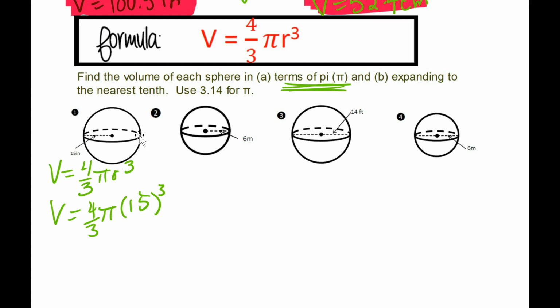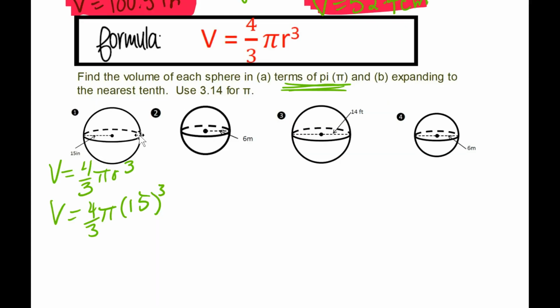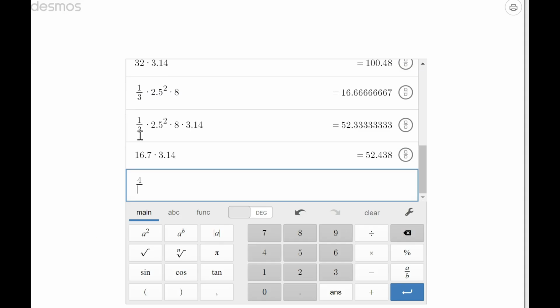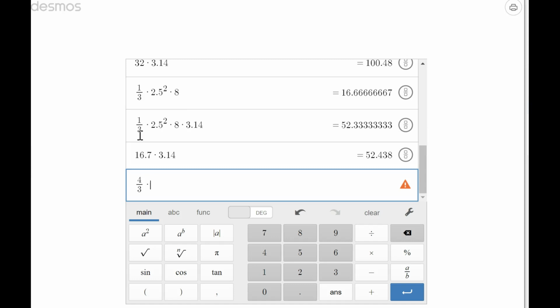On your calculator, y'all will need to know how to do this. So we have 4/3, then times 15.